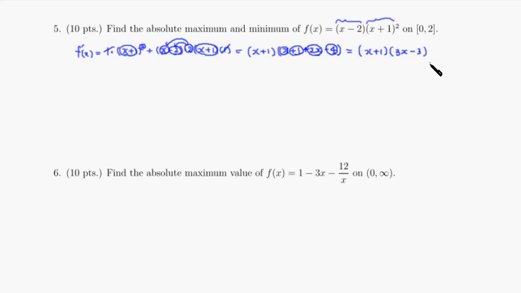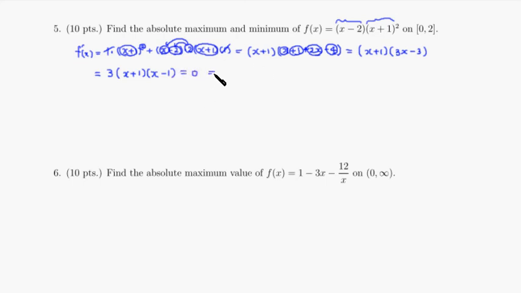Looks like both of these terms have 3, so I'm going to pull 3 out, so you have 3 times quantity x plus 1, times quantity x minus 1. So 3x, 3's out, so we have x, and the negative 3, 3's out, so it's negative 1. Set that equal to 0 to find the critical numbers.